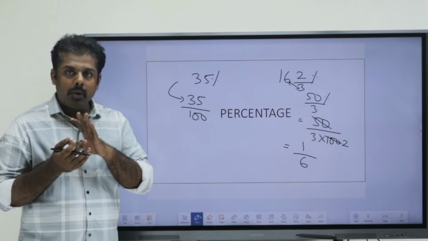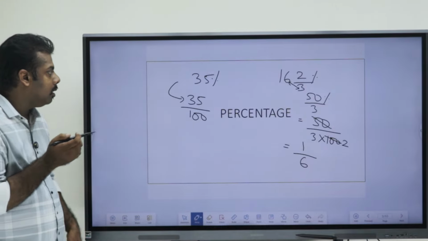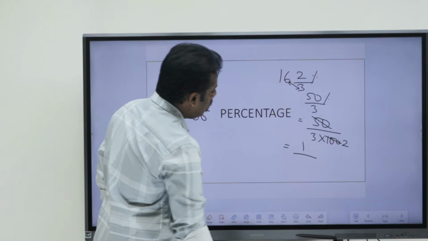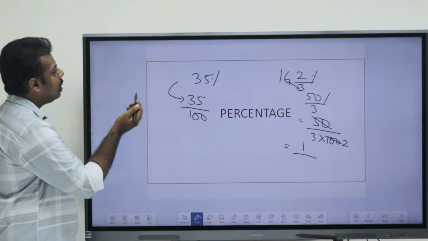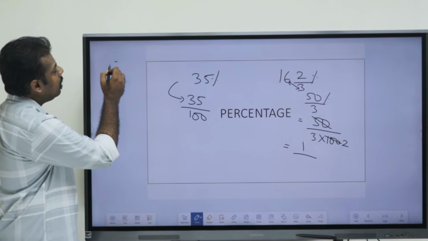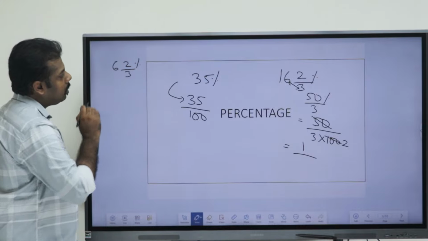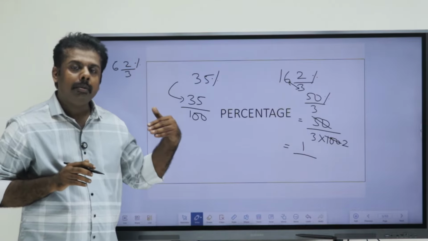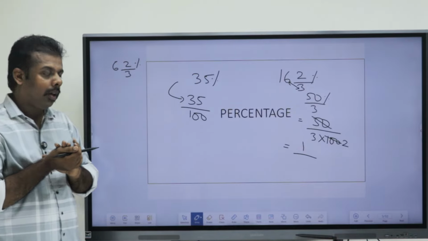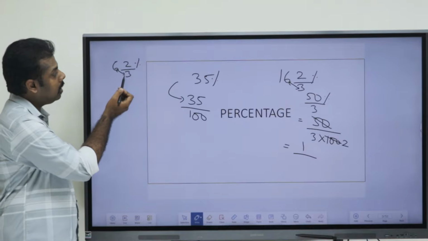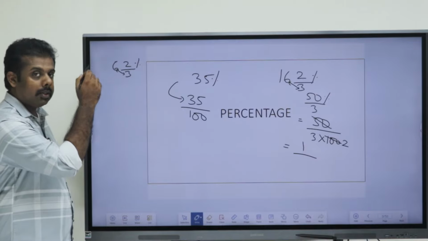We will look at another example as well. Say we are looking at another number, 6 2 by 3 percentage. We are going to make this into a fraction. What was the step? First we have to multiply these two numbers, that is 3 into 6, which gives us 18.